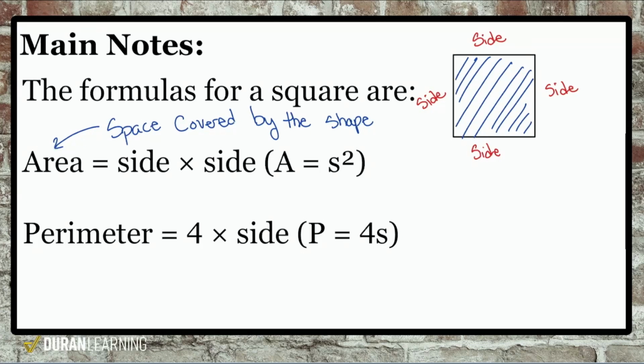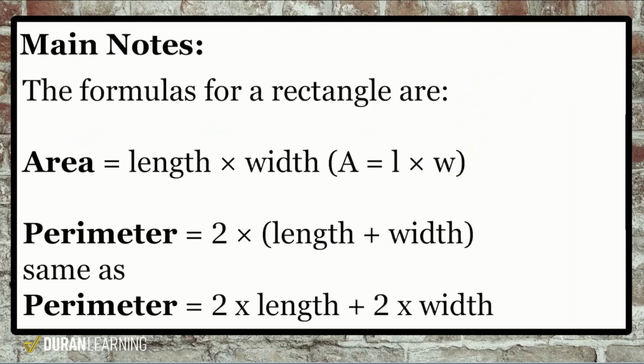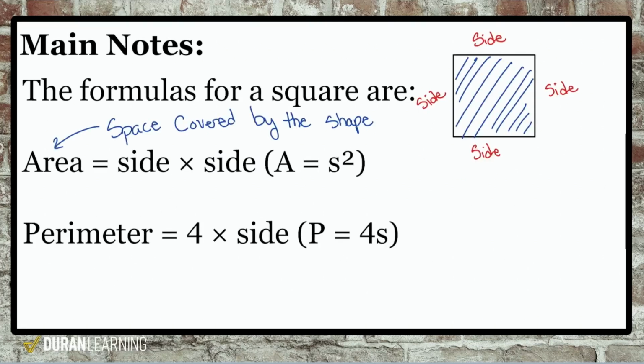Now you're going to see some pretty similar things happening when it comes to area and perimeter for a rectangle. Pretty similar things. Because when we talk about the area, notice that we are multiplying the dimensions together, the side times the side. When we are discussing perimeter, we are adding up all the sides.